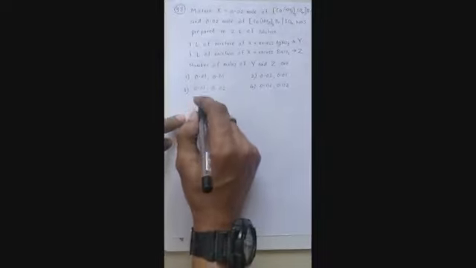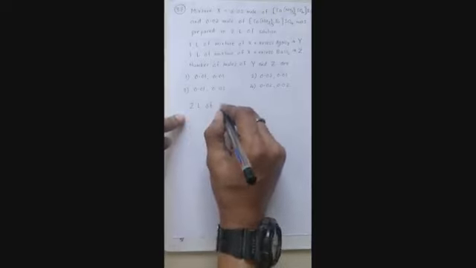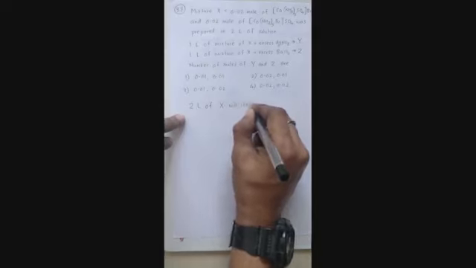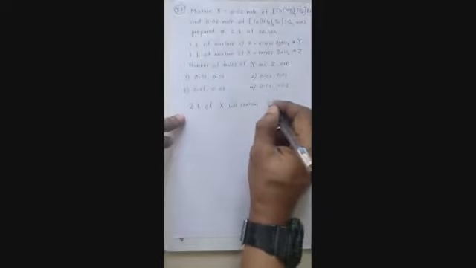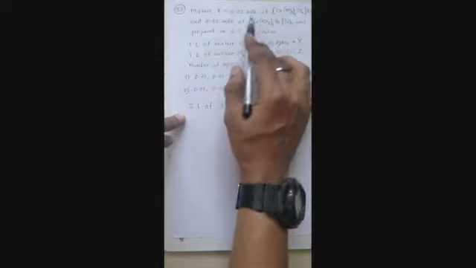The 2 liters of mixture X will contain, from the formula I can say, 0.02 mole of Br minus.